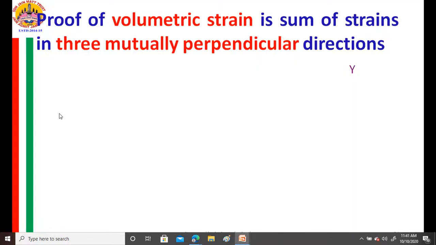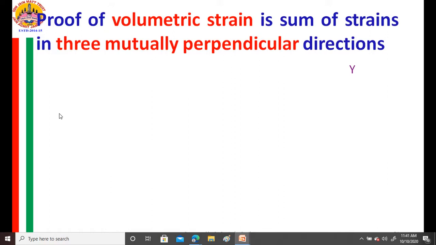In the previous class, I told that volumetric strain is the sum of strains in 3 mutually perpendicular directions. What exactly is the meaning of this? Whenever any member is subjected to a load, if one dimension changes, that is the linear strain, that strain will lead to the change in the other dimensions, that is the lateral strains.